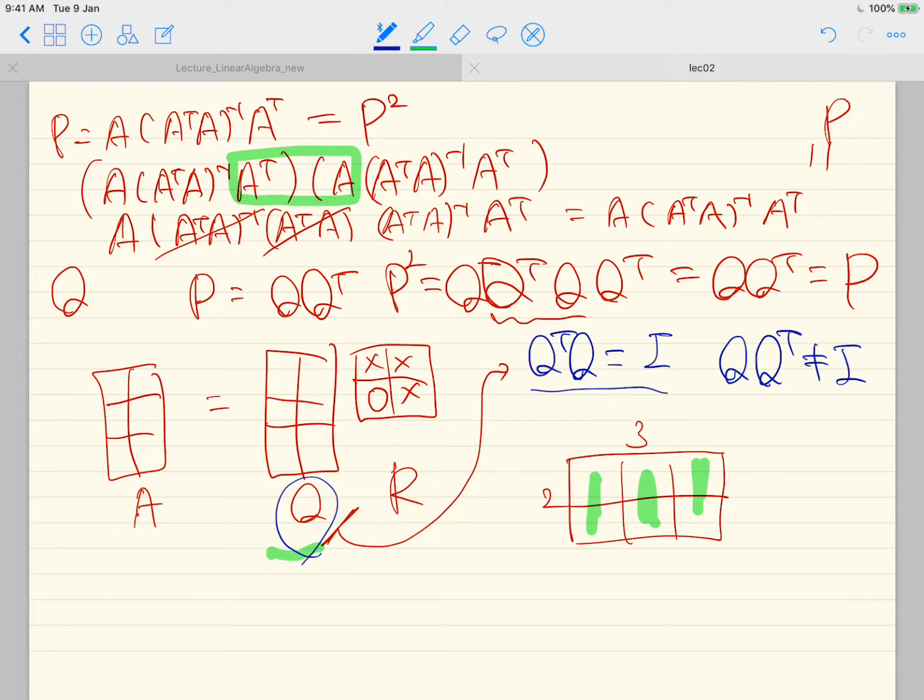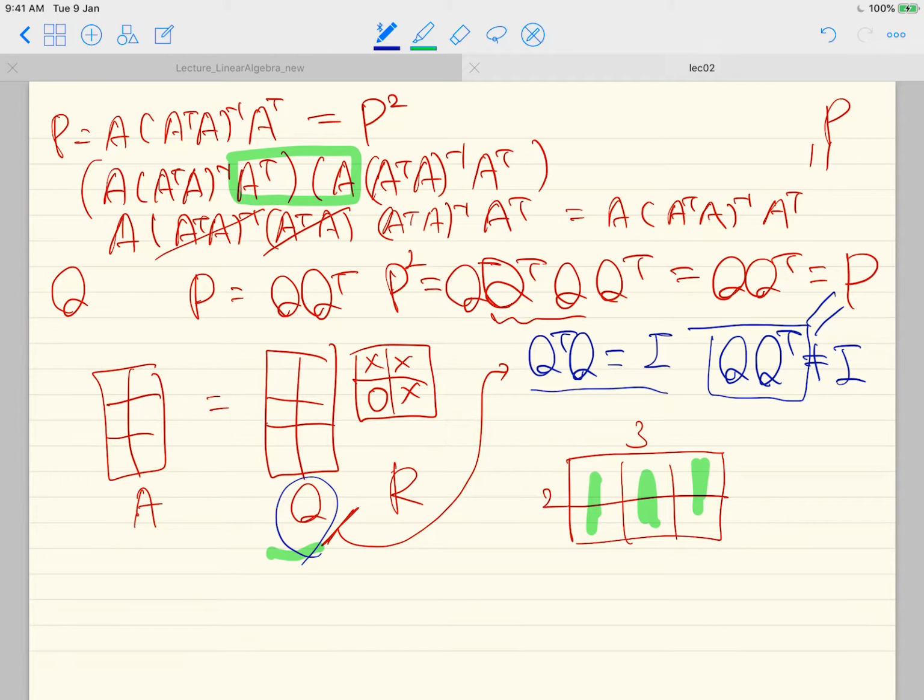But what about Q Q transpose? This cannot be an identity matrix, right? Although it is not an identity matrix, this guy is actually our P, right? So what's the meaning of P?